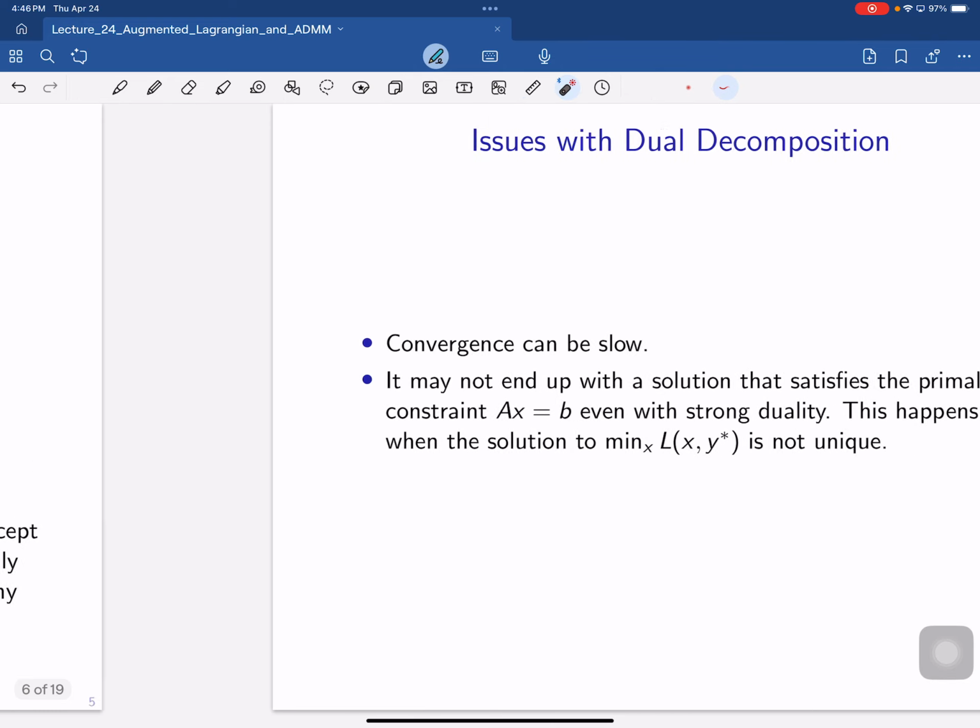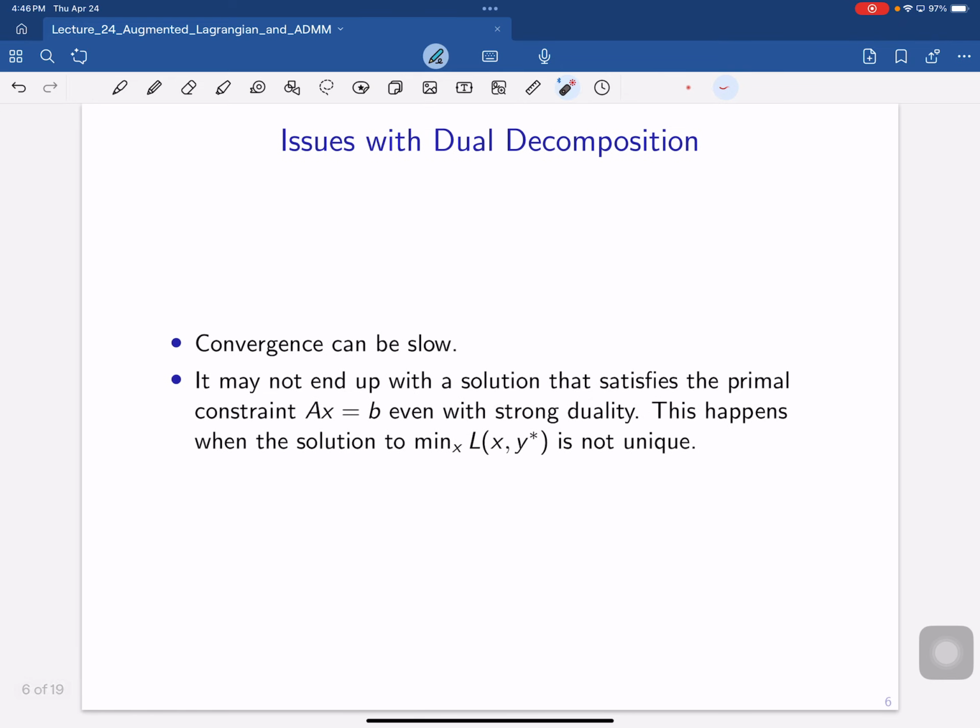Even if you have strong duality, you may find out that the primal constraint may not be satisfied, right? Even if you have the optimal dual, it could be the case that the problem is degenerate. You may not hit a solution that happens to satisfy the primal feasibility constraints. Okay, so that's the two issues you will face with dual decomposition.